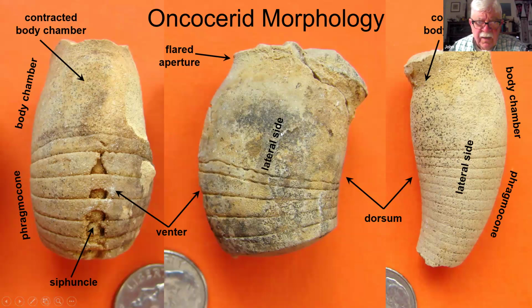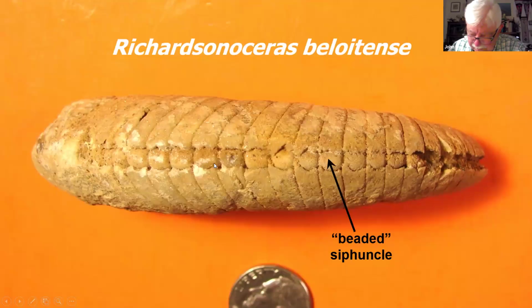So these are our Beloitosaurus oncocerids that show you the different parts. And here's Richardsonoceras beloitense. I got this at the Avon Quarry in Wisconsin about 35 years ago, and it shows the siphuncle on here. Very nice siphuncle.